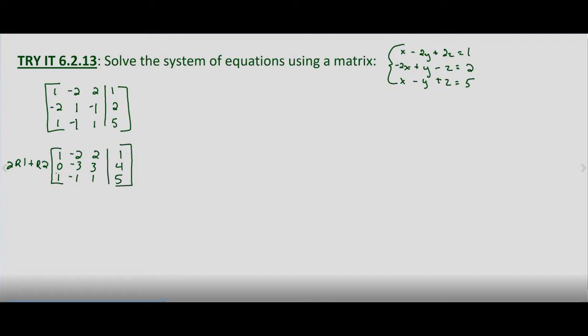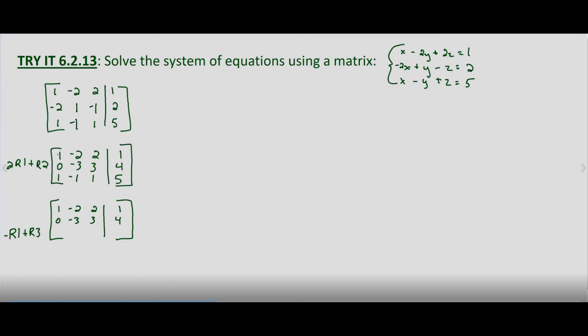And now we want this 1 in the bottom left-hand corner, third row, first column, to be 0. So in order to do that, let's rewrite our first 2 rows, since we're leaving those the same for our third step. 1, -2, 2, 1, 0, -3, 3, 4, and then -1 times row 1, so negative row 1 plus row 3.